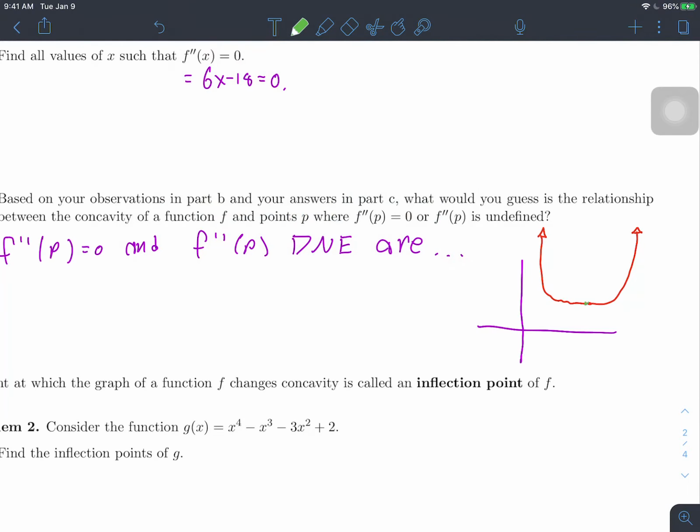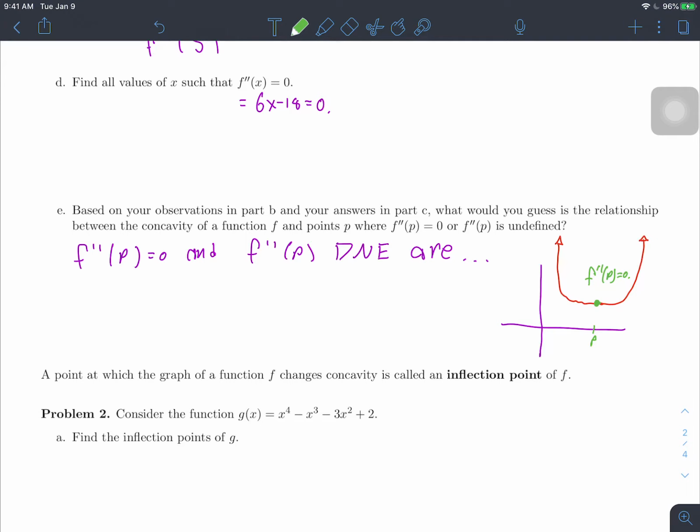So this point here has f double prime of P equals 0. Okay, but the definition that we have for an inflection point is a point at which the concavity changes.